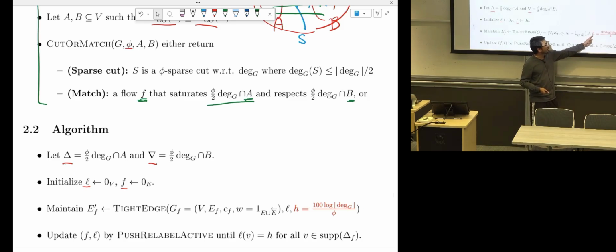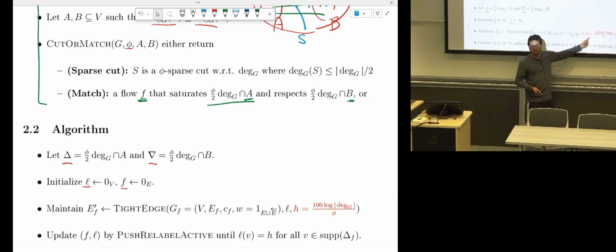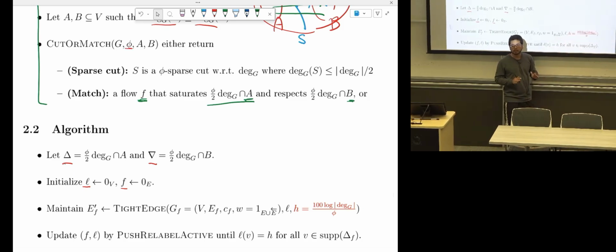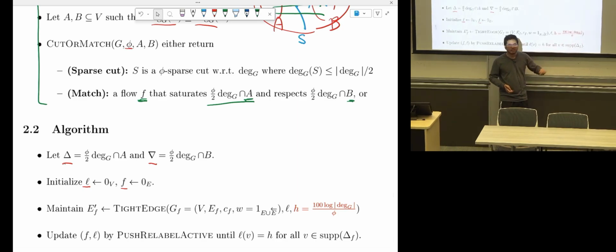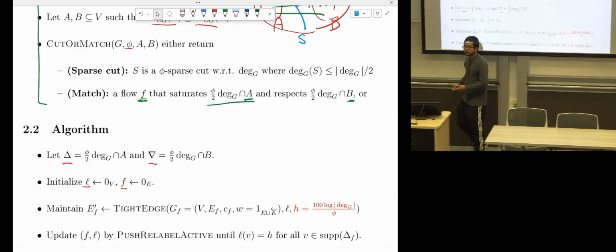Now, an important point is that we set H to be something small. Previously, we saw how to compute MaxFlow when we set H to be n plus 1. But here, if you think of phi as something like 1 over log, then H is just polylog. So this is kind of small.